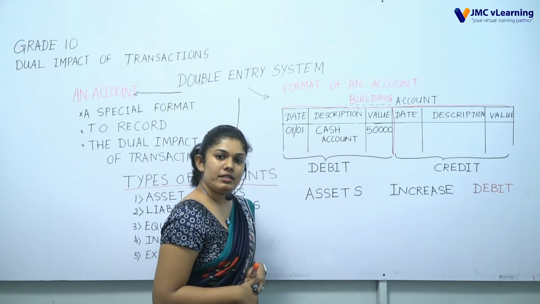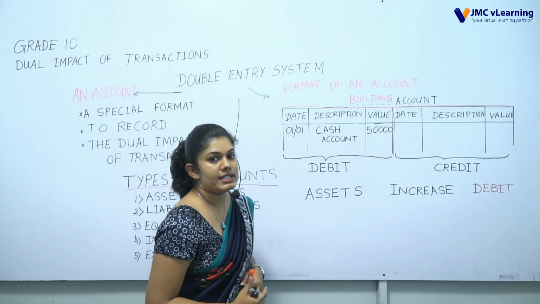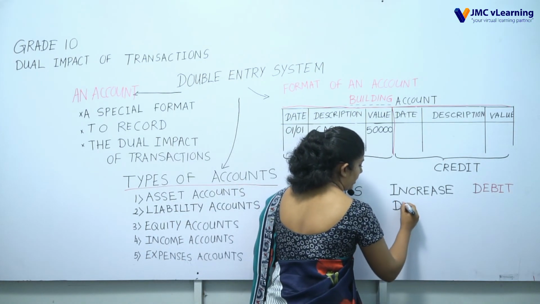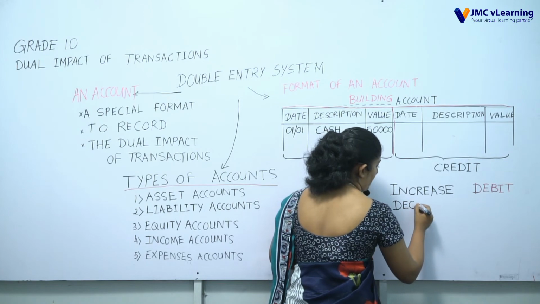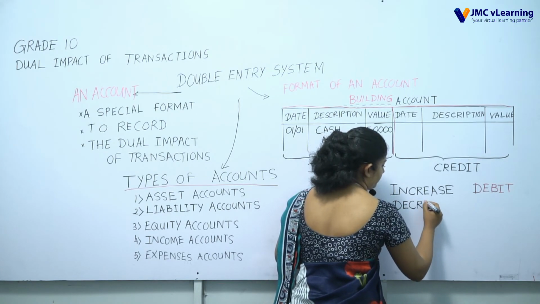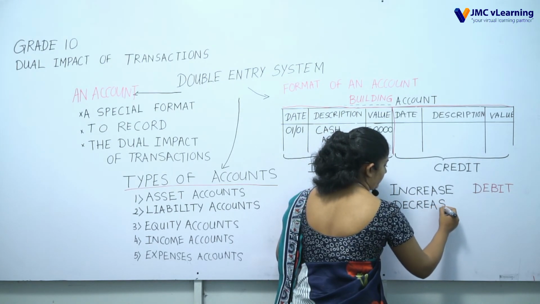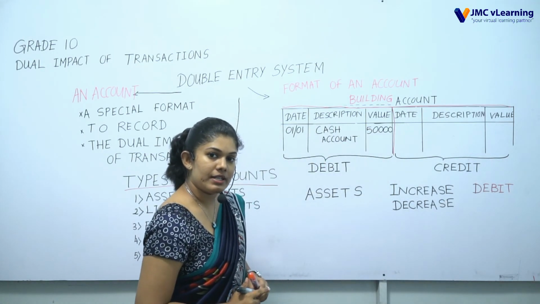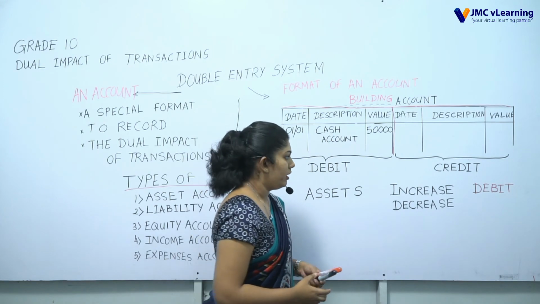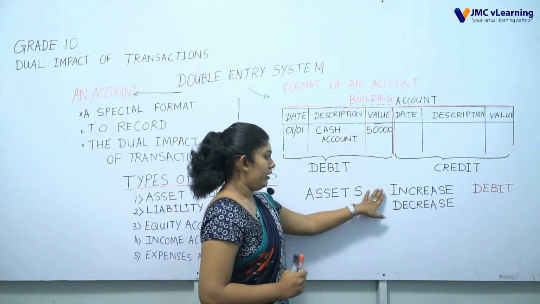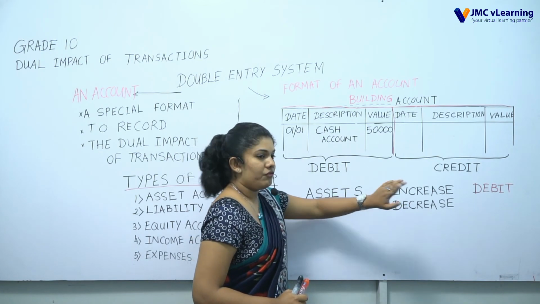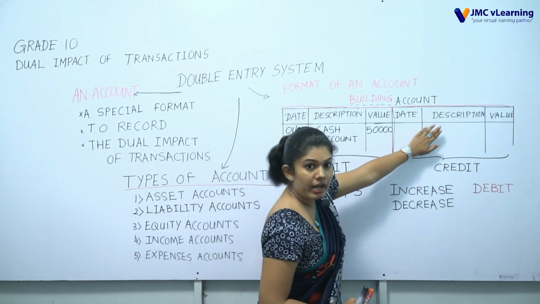Then the opposite. What if assets decrease? Asset decrease. What happens? The opposite. If we recorded increase of assets in the debit side, when assets decrease, we record it in the credit side.